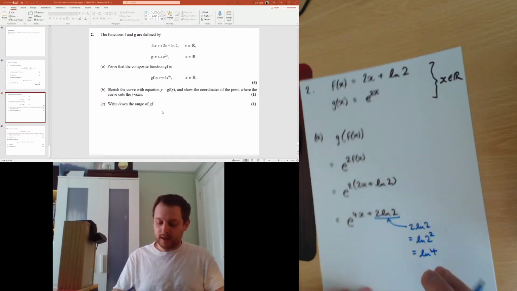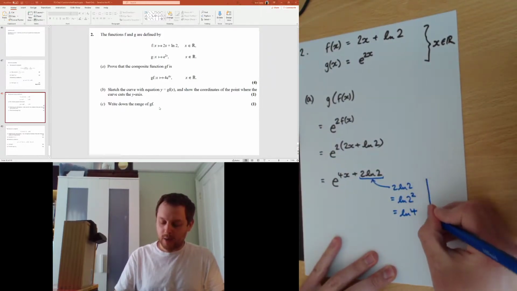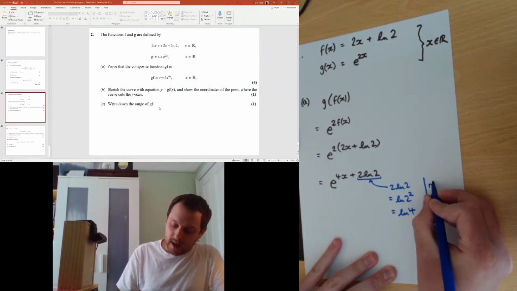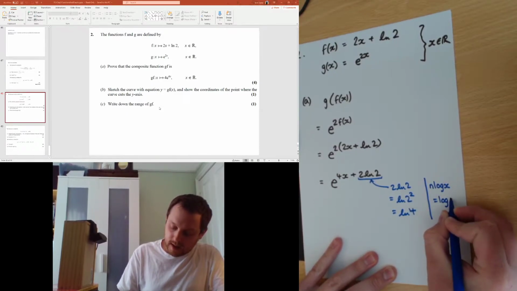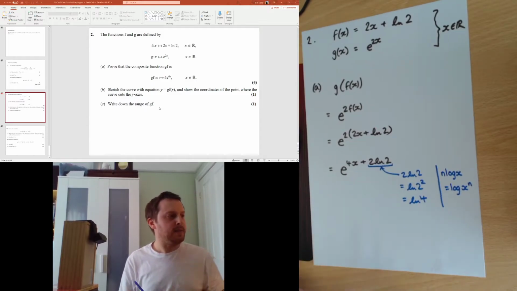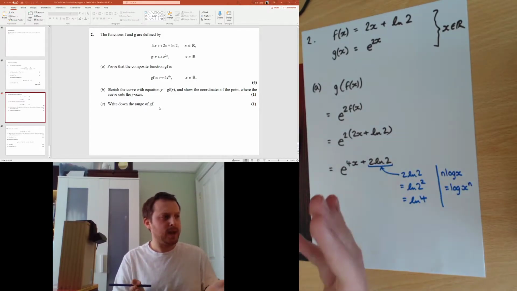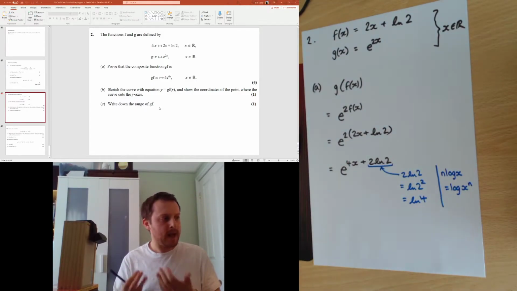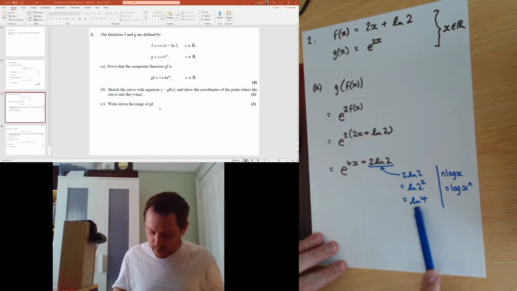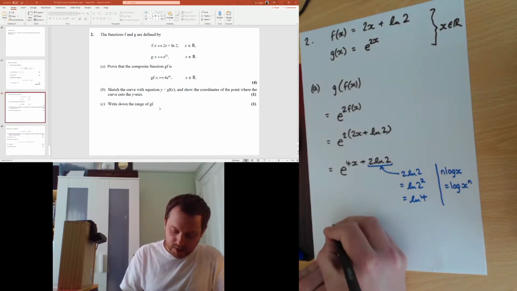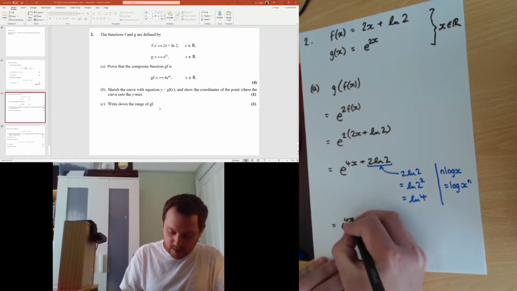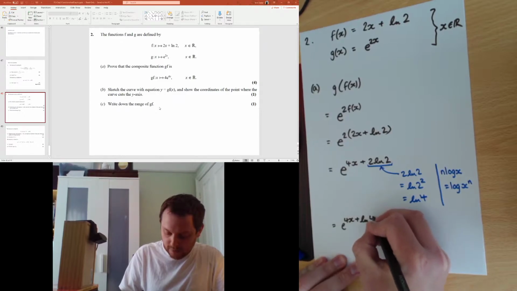So the law that we were using there was n log x is equal to log of x to the n. This is for any base, in particular base e, which is what ln is. So this can be replaced with log 4. So this is e to the 4x add log 4.